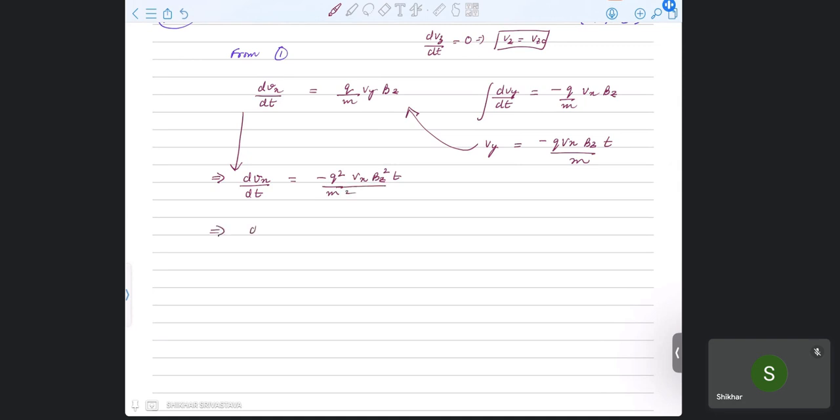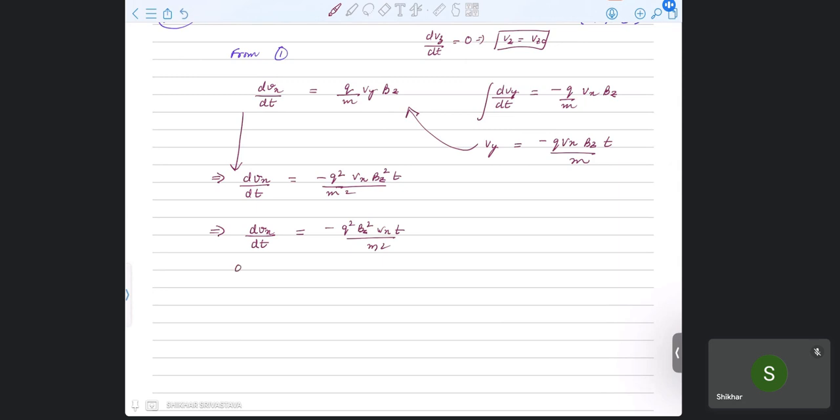So you can write this as dvx upon dt is equal to minus q square Bz square vx t upon m square.